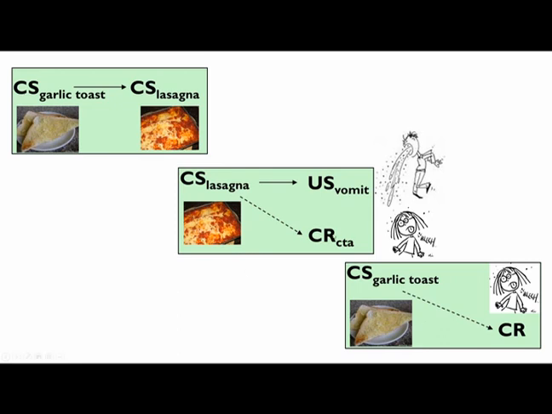And our conditioned response is a conditioned taste aversion, where now when we think of lasagna, we think, ew, that made me sick. As a result, now when we think of garlic toast, which never actually made us sick, we think that it's gross because of that association that we learned with lasagna. So garlic toast got dragged along because of what we learned about the lasagna.